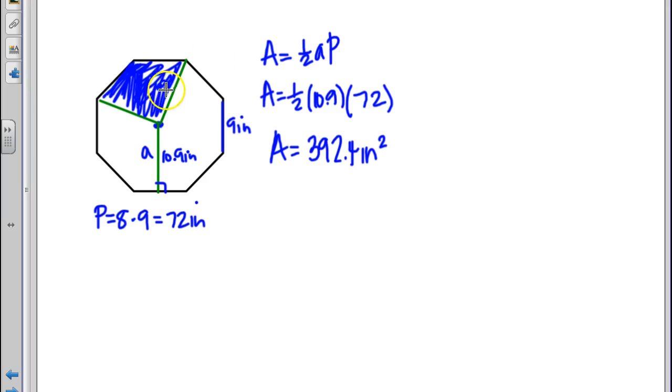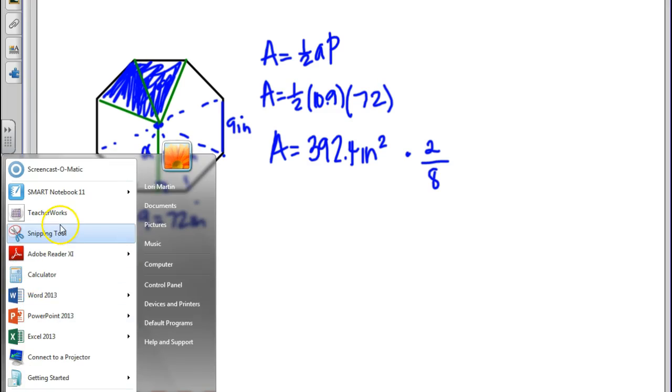We can find the area of one triangle and multiply it by 2, or we have the area of the whole thing. How many triangles out of 8 are over here? So hopefully you could see 8 triangles here. So how many triangles out of 8 are shaded? 2. So we can multiply this by 2 and then divide by 8, or you can multiply by 1/4, either way.